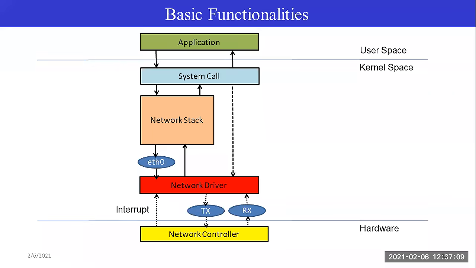Any question? I have a quick question here. I'm not sure if it's valid here, but when we say that the network controller on receiving a packet sends an interrupt to the network driver, I was reading up that if there is a high throughput on a network interface, receiving a lot of packets, interrupt driven IO is not the preferred way.